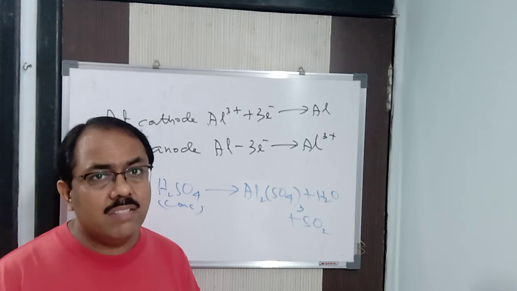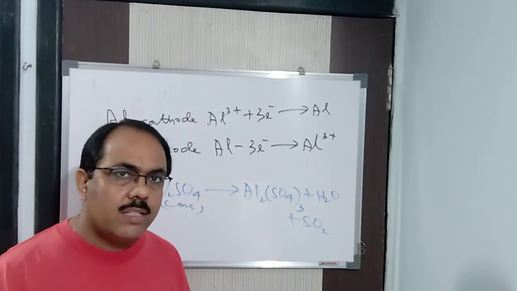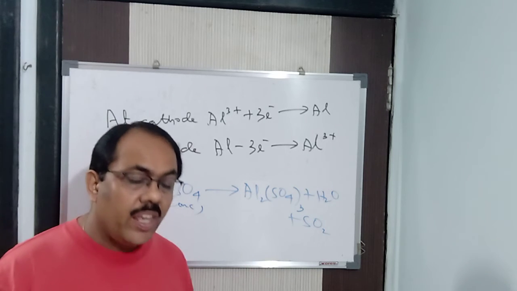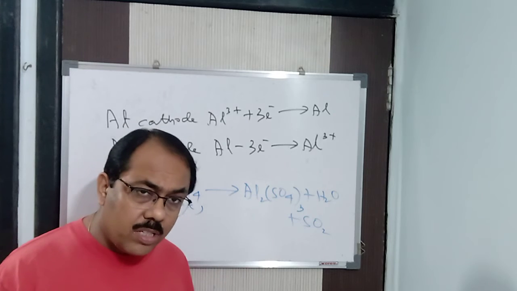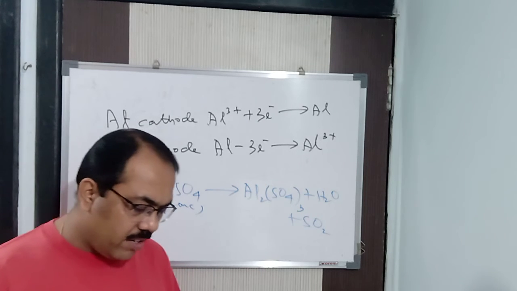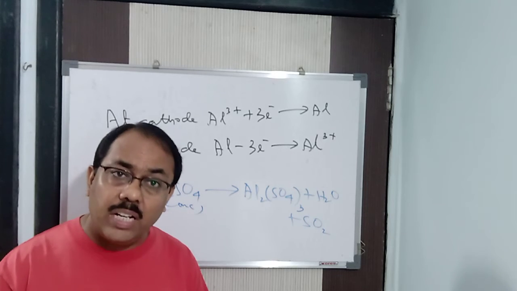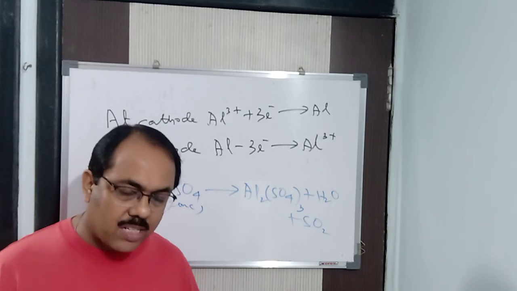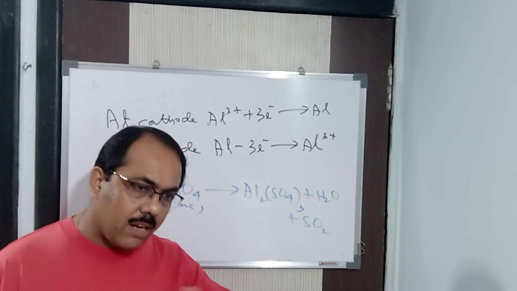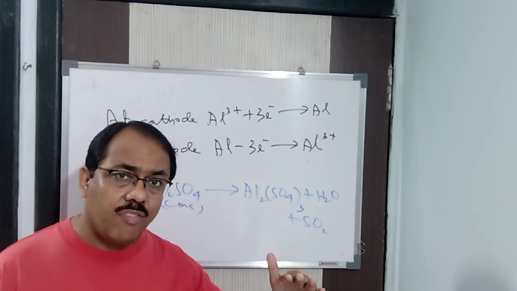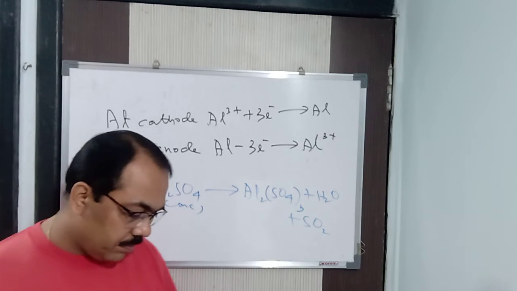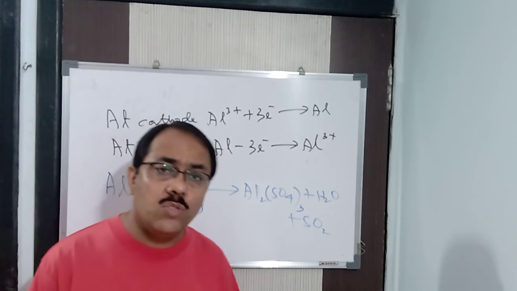That is called passivity or inertness. So when aluminium reacts with dilute or concentrated nitric acid, aluminium becomes passive, meaning further reaction is prevented. It does not react, because an insoluble layer settles over the surface of aluminium. It also acts as a reducing agent.